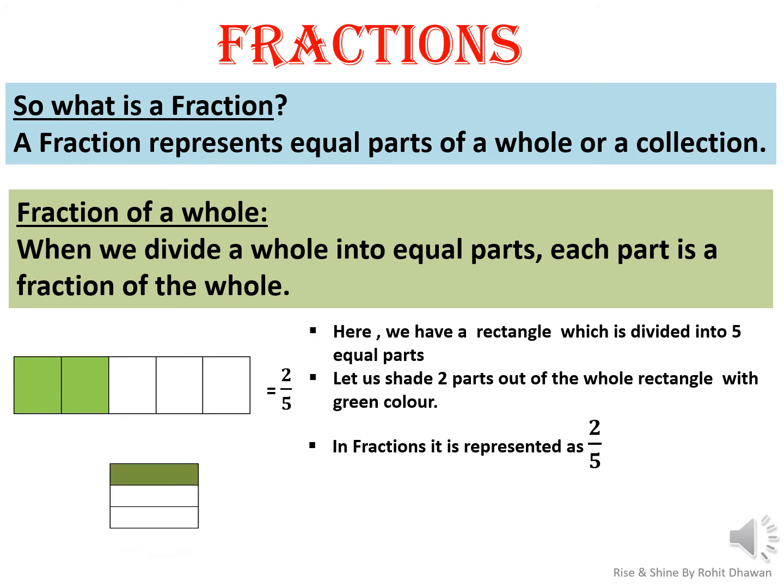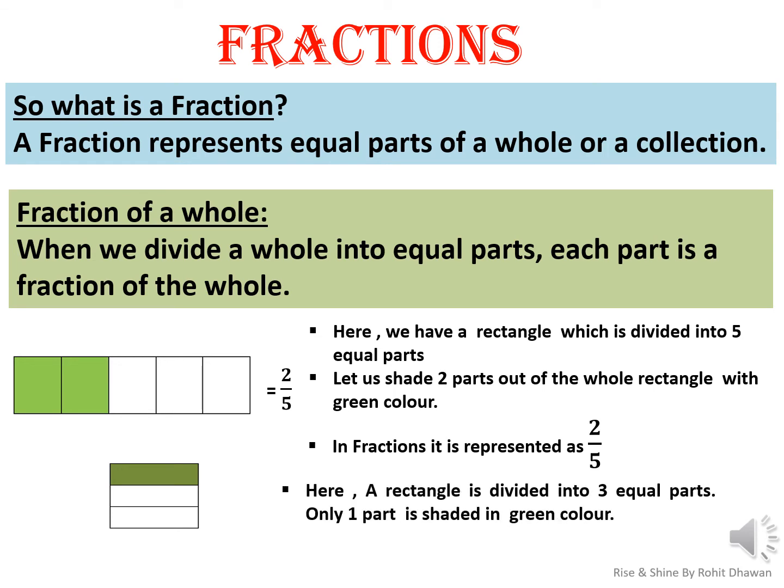Let us understand this with the help of another example. In this rectangle, we have 3 equal parts and only one part is shaded with green color. So can you guess how we will represent this in fractions? Yes, you are right. In fractions, it will be represented as 1 by 3.